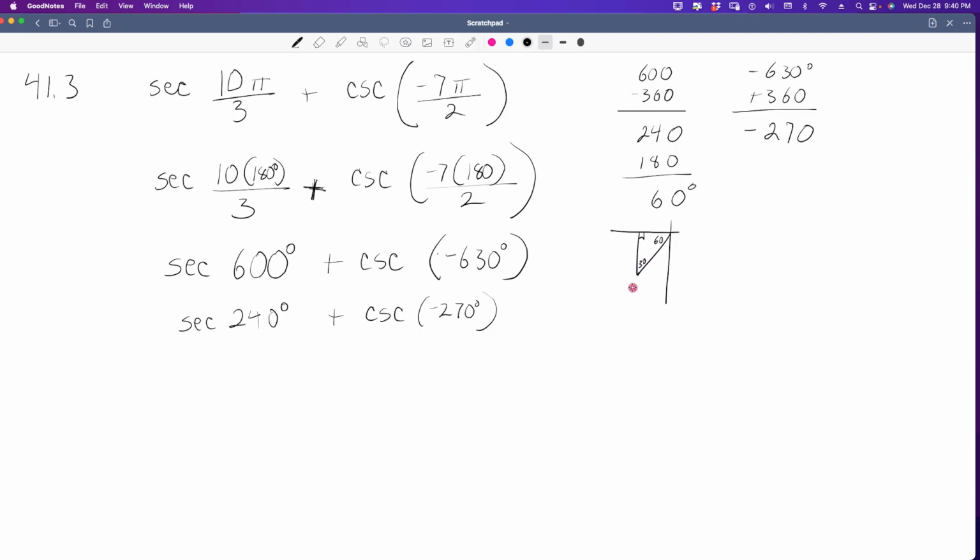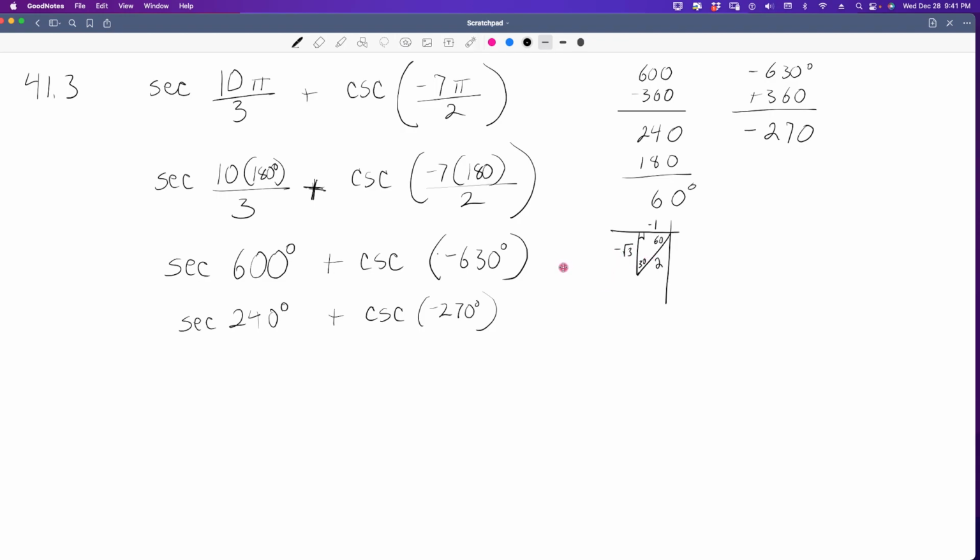This makes this a 30. So everything is negative. So we have this is the 2. This is negative 1, and this is negative square root of 3 for this one.